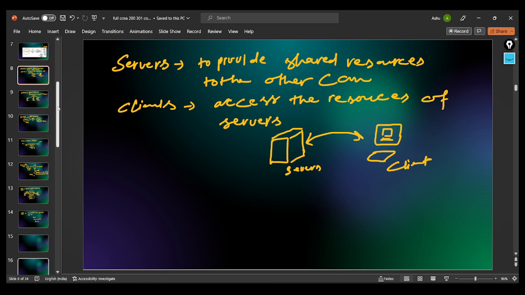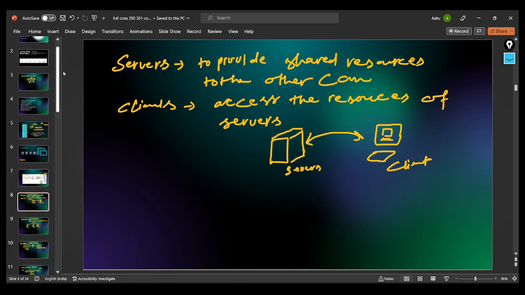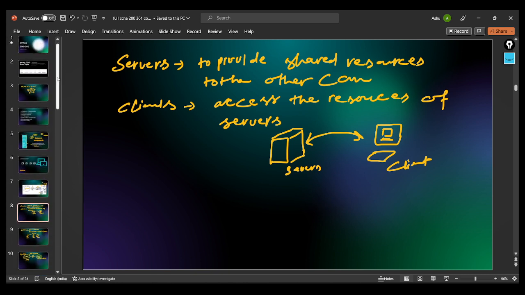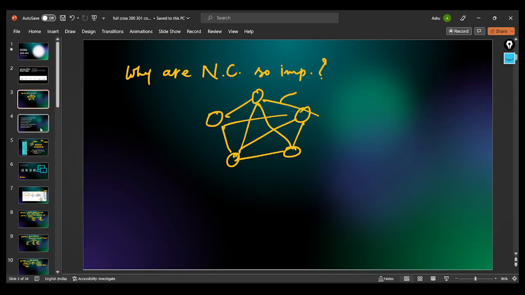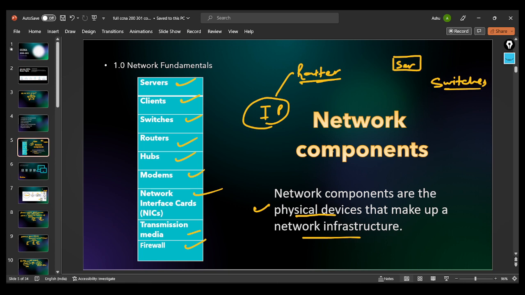I hope you have a basic idea of each component, and maybe you are able to define what a network component is. Clear? This is what a network component is. That means these are the physical devices that make up the network infrastructure. We use types such as server, client, switches, router, hubs, modems, network interface card, transmission media, firewall.